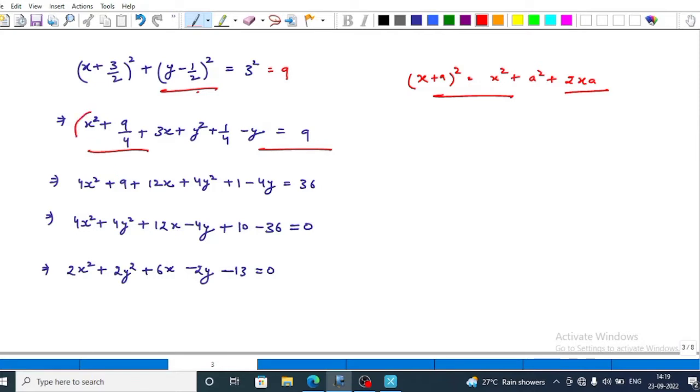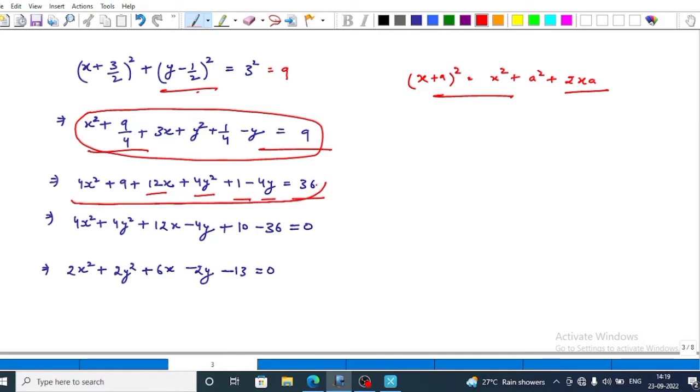Now in this whole equation, if you multiply by 4, we have 4x squared plus 9 plus 12x plus 4y squared plus 1 minus 4y equals 36. Now after some calculation in this equation we have 4x squared plus 4y squared plus 12x minus 4y plus 10 minus 36 equals 0.